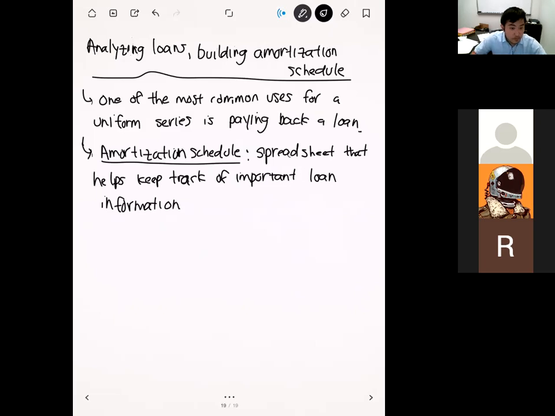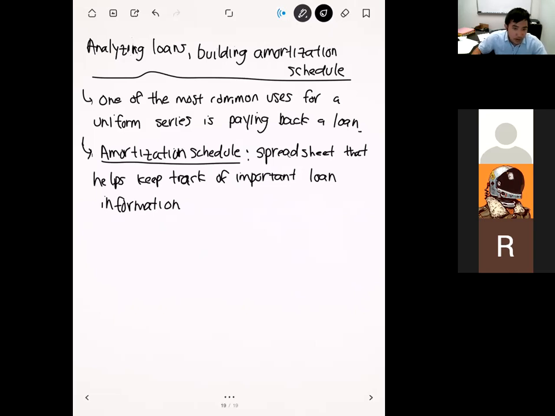It'll help keep track of things like how much balance you have remaining, how much you've paid in interest so far, and how much of your payments are going towards your principal. All of those words will make sense as we introduce them.